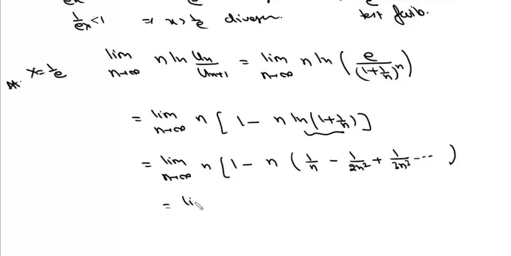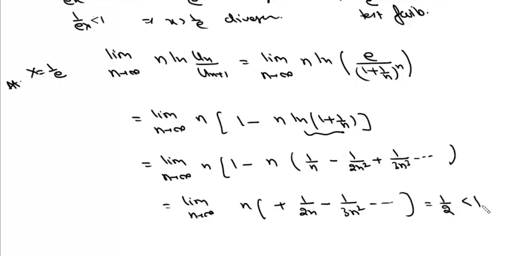Now we can write this as the limit n tends to infinity, now this 1 and 1 will cancel, so it will be n times (1 upon 2n minus 1 upon 3n square). We multiply this n, and if we take this limit n tends to infinity, we'll have this limit as 1 by 2, which is less than 1. That means in this case, this summation un diverges.